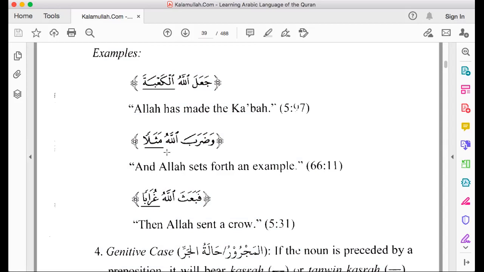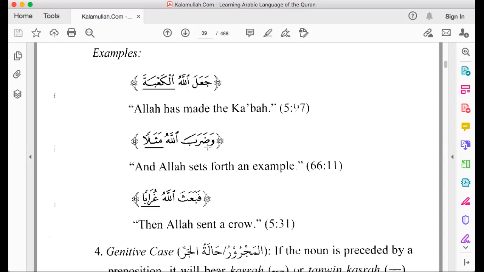And wadaraballahu mathalan. So daraba means to set forth an example. It's a verb. So who does that? Who gives the example? Who strikes an example? Allah strikes the example. So Allah is the subject of this verb. That's why it bears the dhamma.